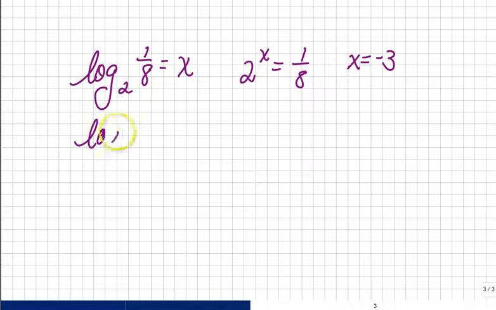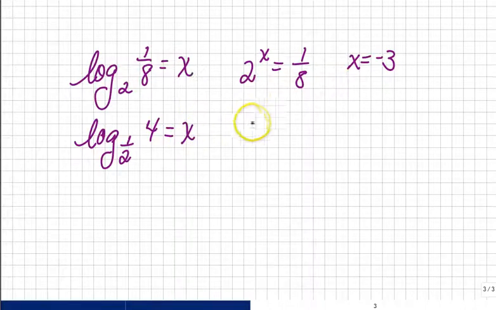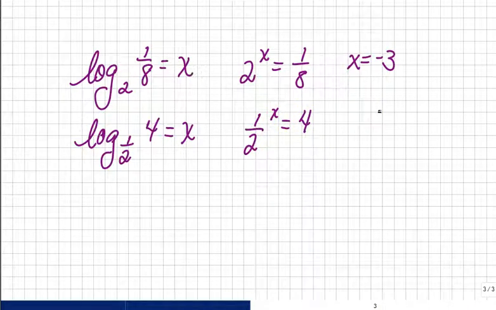Let's stick with some fraction problems for a minute. Let's take the log of 4 base 1/2 equals x. These are confusing for some students. So that means 1/2 to the x power equals 4. Again, what I like to recommend is pretend the 1's not there. What if this problem were 2 to the x equals 4?